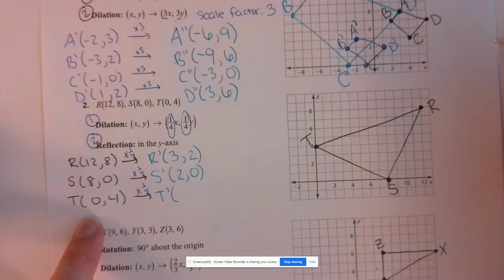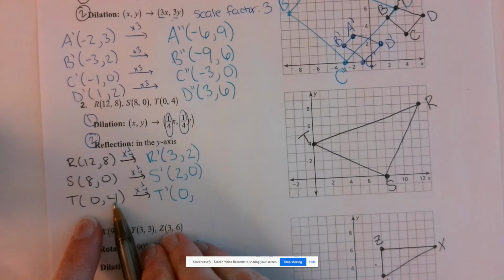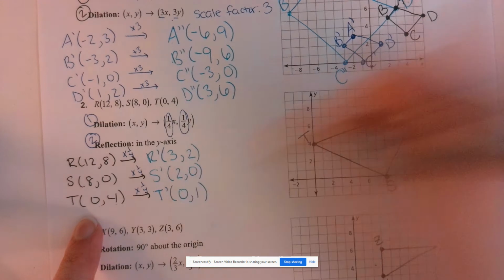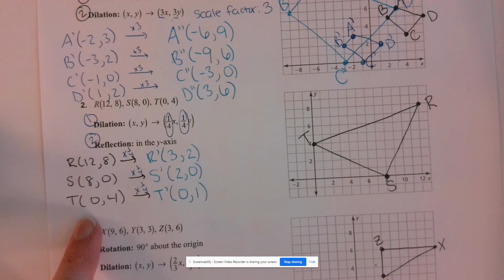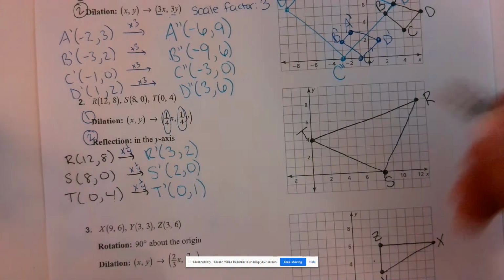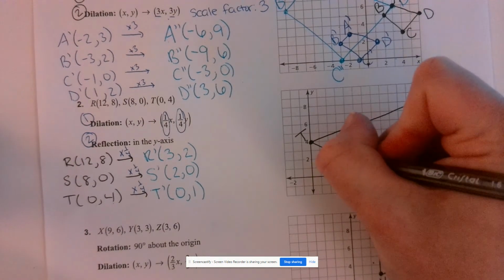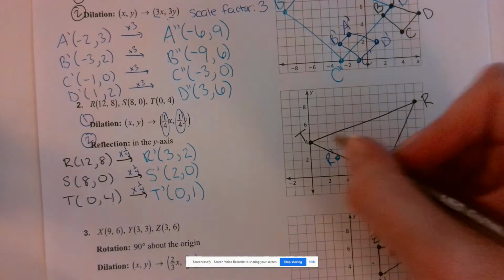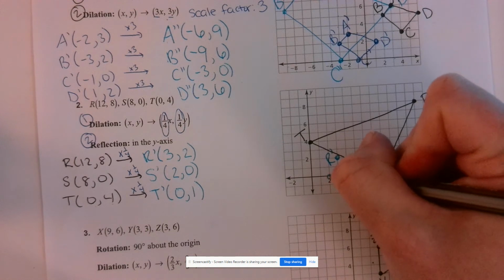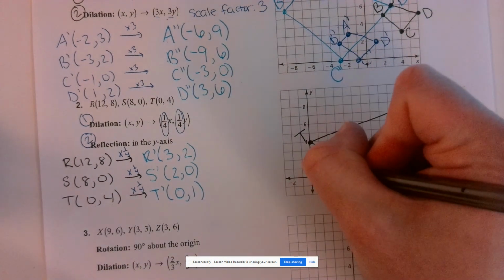T prime, 0 times 1/4 is 0, and 4 times 1/4 is 1. So I need to go ahead and draw this new image after the dilation on my coordinate plane. Don't forget the labels. R prime is at 3, 2. S prime is at 2, 0. And T prime is at 0, 1.